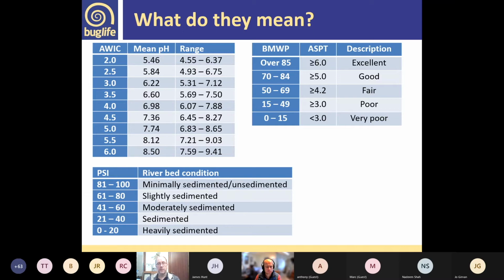But actually, with the BMWP score and some of the other scores, it's more about the relationship between the average score and the number of taxa, rather than just the bold figures that you see. And then sedimentation, again, has some banding and some subjective conditions for the river based on that.